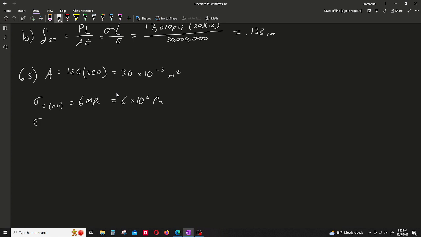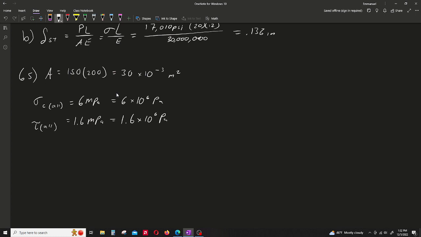And then our allowable tau, sorry. And that's just 1.6 megapascals also, so it's just 1.6 times 10 to 6 pascals.